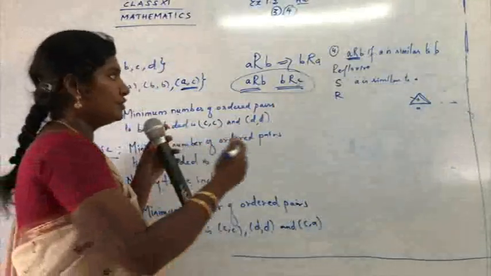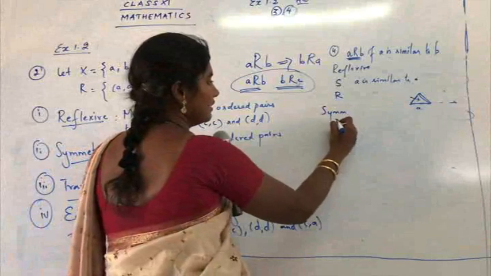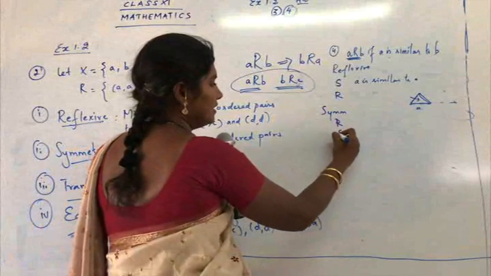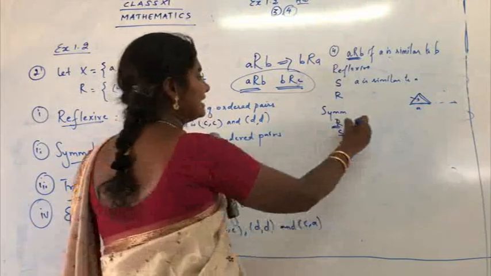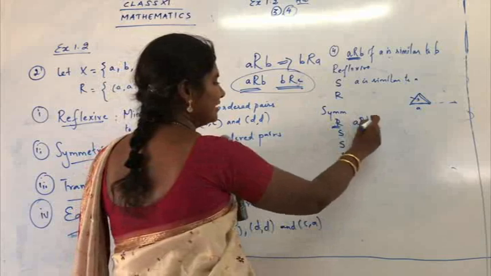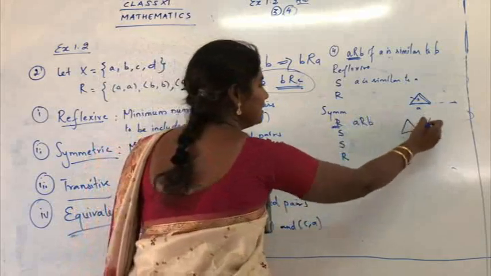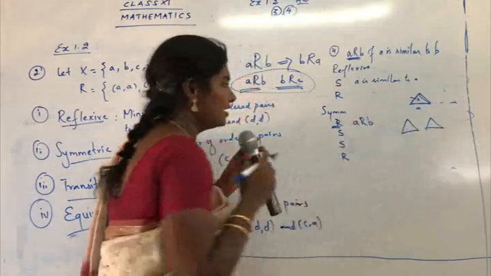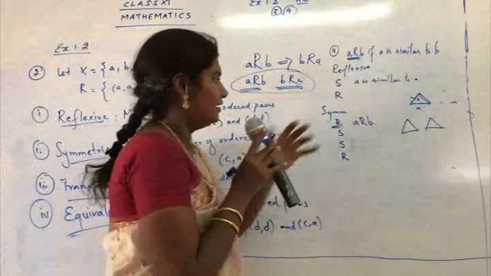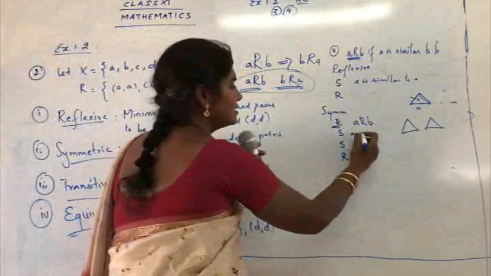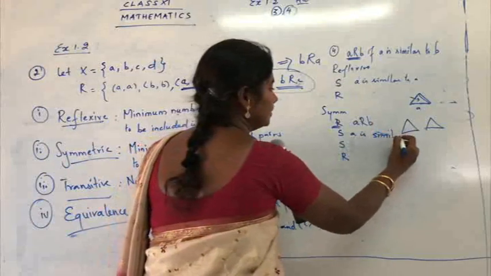Now for the second thing, symmetric. How will you mention it? Relation, statement, statement, relation. What is the relation? A related to B. Children, they are saying A is related to B. That means if I have two triangles A and B, A is related to B when A is similar to B. This is given.